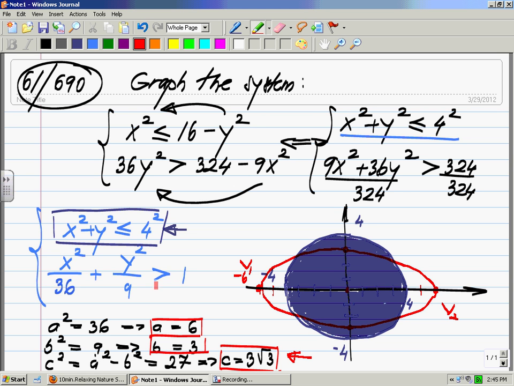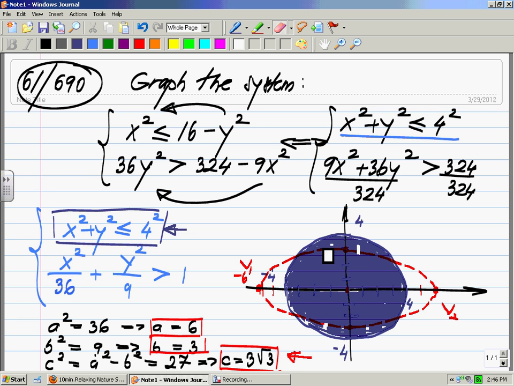Now for this ellipse, it says everything that is greater than, but what you guys notice, I have no equal sign, which means this line here should be a dotted line, right? I have a dotted line because it cannot be part of my ellipse line.